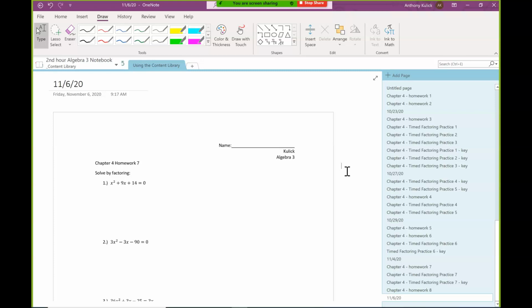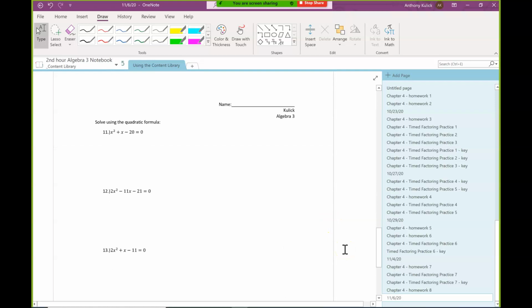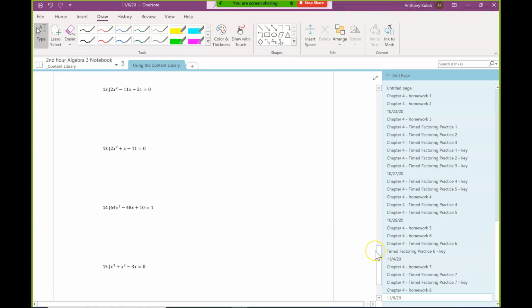Ben, did I see your hand up? Yeah. Can we do number 14 then? Sure. So for 14, first thing I need to do is get it equal to 0 if I'm going to apply the quadratic formula, which is what the directions ask for. So I'm just going to subtract 1 from both sides.